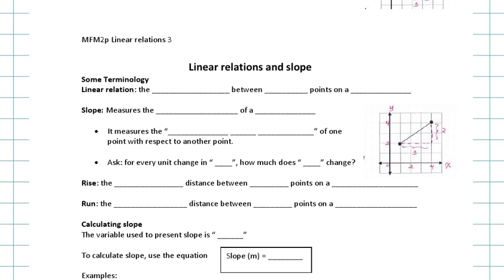Okay, so a linear relation is the relationship between 2 points on a straight line.